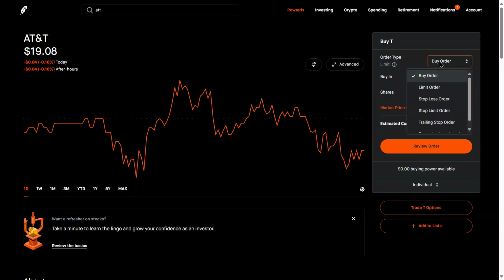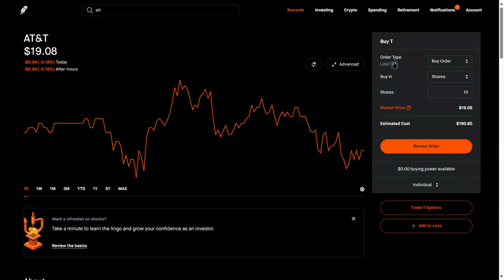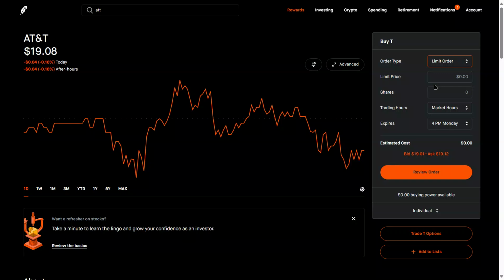So I usually leave mine on buy order, right? Sometimes they give you an explanation for it, but I usually leave mine on buy order, because if I'm trying to hop into a stock, I want to get it. I already know my price targets. I already know my entries, right?